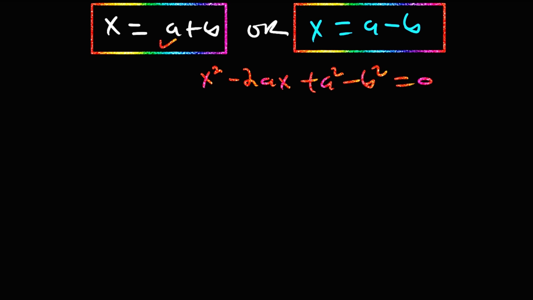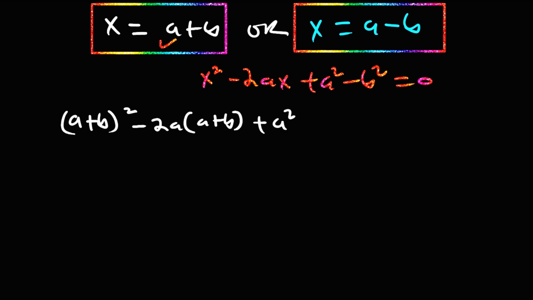Let us try if the first solution there is true. We're just going to substitute. Where there is x, we put a plus b. So we're going to have a plus b, squared, minus 2a into a plus b, plus a squared minus b squared. And we want to check if that equals 0.